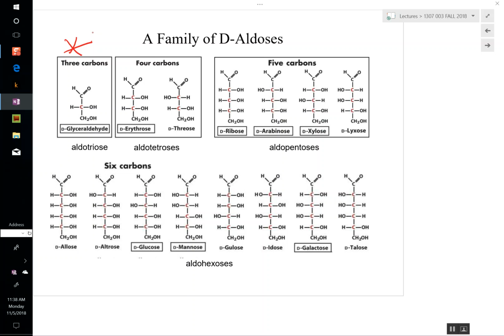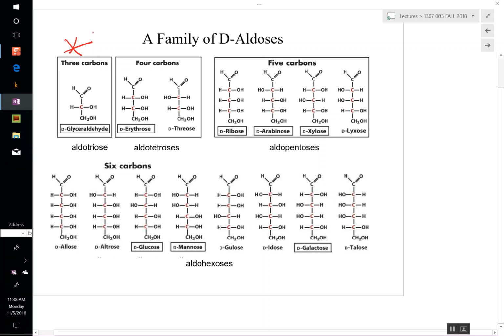The only ones you have to memorize are D. They're going to be all D. In the aldotrioses, the only two that exist are D-glyceraldehyde and L-glyceraldehyde. So we're just looking at D. So there's only one D-aldotriose, and it's D-glyceraldehyde.